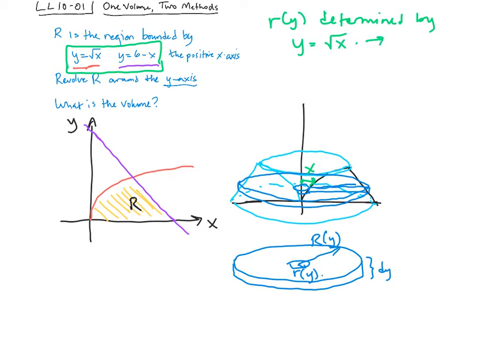So if I have y equals the square root of x, then that's equivalent to the relationship x equals y squared. And that makes sense as you look at this. When y is 0, x is also 0. But as y increases, x starts to increase very quickly. It increases quadratically if you tilt your head so you can see x varying as a function of y. So that little r of y is going to be y squared.